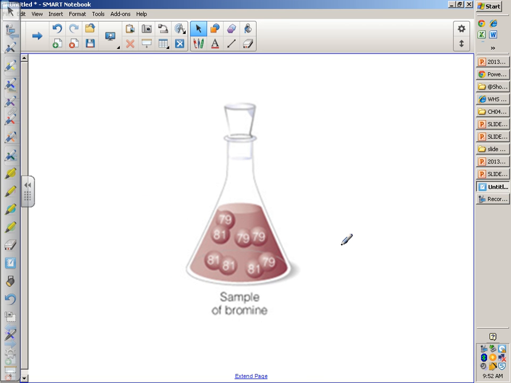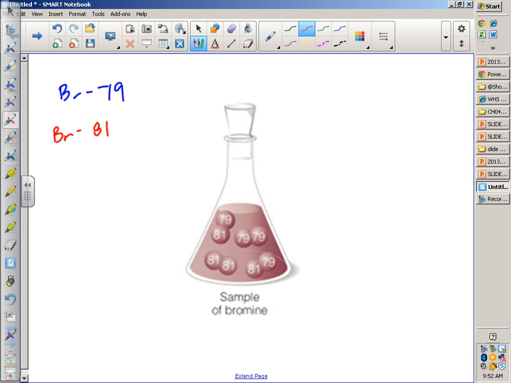And if we look at a random sample of the atoms of bromine in this container, we would find that if we looked at 8 of them, 4 out of those 8 atoms turn out to be bromine 79. And the other 4 atoms out of this random 8 atom sample turn out to be bromine 81.